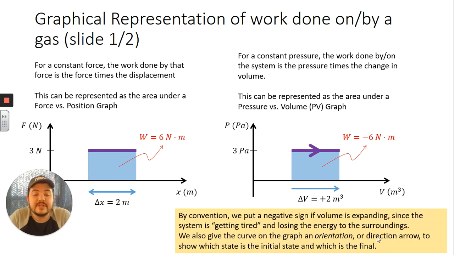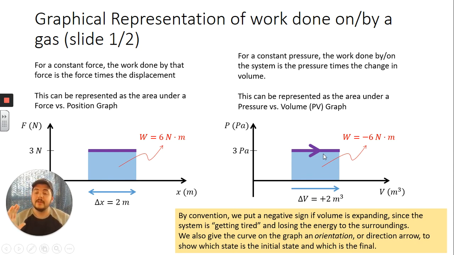This was an increase in volume. So by convention, when the volume expands, we are going to say that the work that is done is negative. The work by the system is negative because it's the thing that's getting tired. It's losing the energy to the surroundings. It's pushing harder. When we start drawing these PV diagrams, these PV graphs, we're also going to give the curve, the purple line here, an orientation, which means we're going to give it a direction.